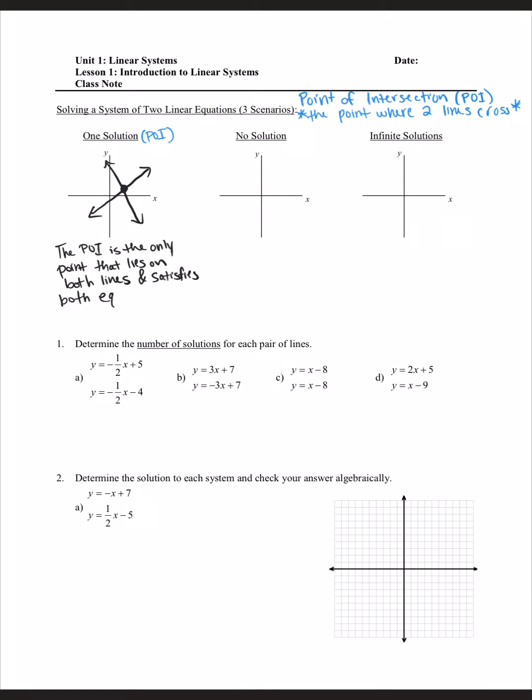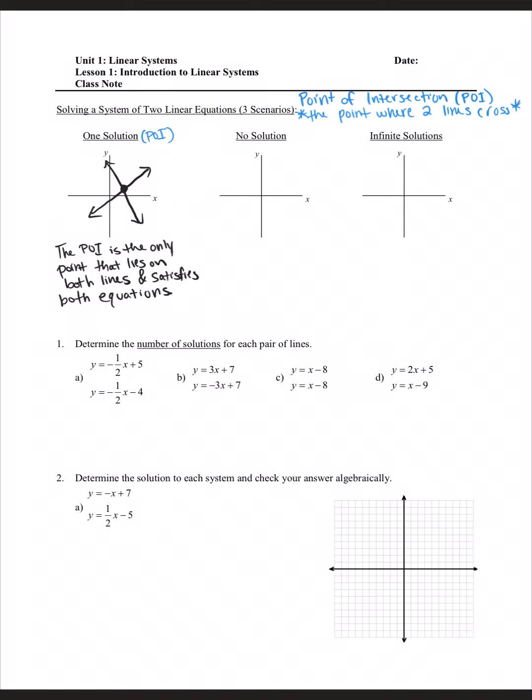So what I mean by that is we can see by looking at the graph that the point of intersection is on both of the lines because it's exactly where those two lines cross. And if we were to look at the equation that it relates to each of those graphs, that point would also work in both of those equations, which we'll take a look at later.